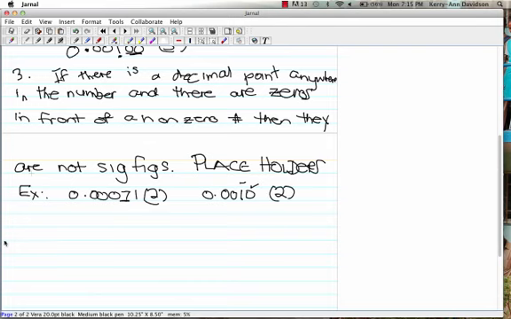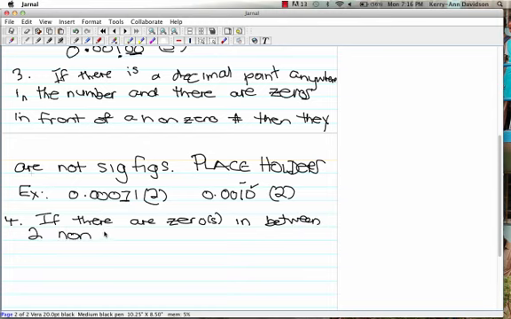Okay? The next rule, rule number 4, states that if there are zeros, or 0, in between two non-zero numbers, in other words, something that's not 0, guess what?